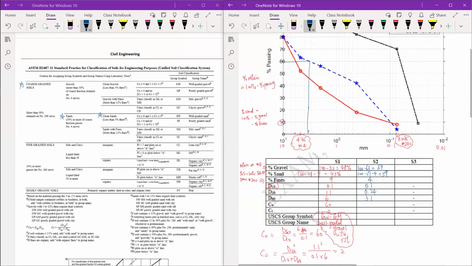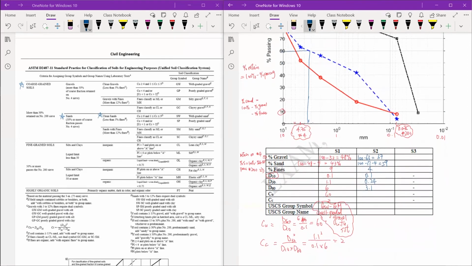We put those numbers into the formula for C sub U, the coefficient of uniformity, equals D60, 3.1, divided by D10, which is 0.1, so that is 31. Again, C sub C is very similar.